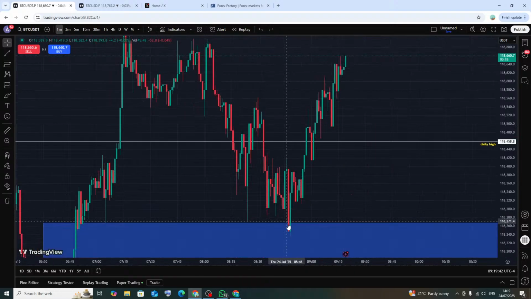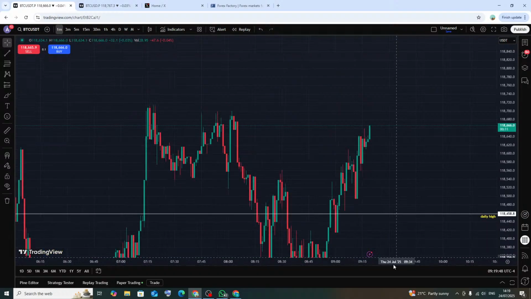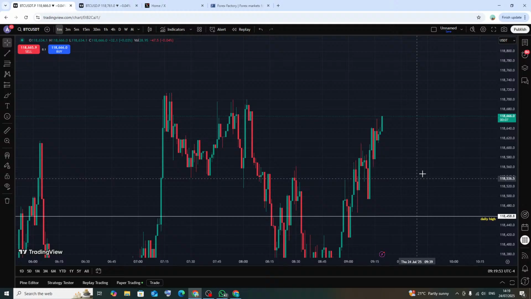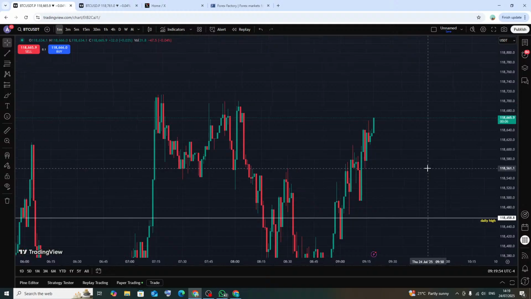If you buy in here, maybe you can buy in here. You can buy in here as well. But I want to buy, but I'm not. I'm holding myself to be patient because we are very close to our targets.